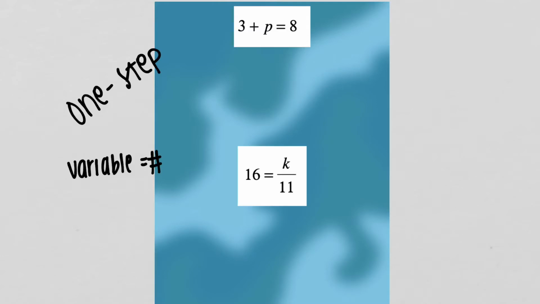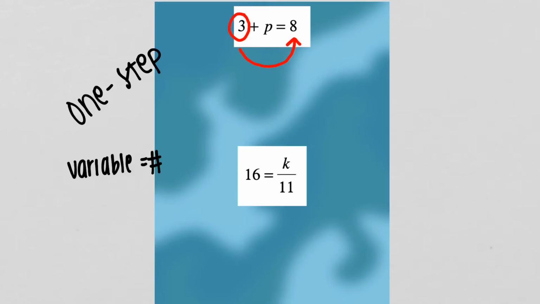So when I look at the left side, I have 3 plus p, and remember, our end goal is to get just p by itself. So when I'm looking at what is over here with p, you also have this 3, and it's positive. So I need to move it to the other side. Remember, positive goes with addition, so we need to think back to our inverse operations. The opposite of addition is subtraction.